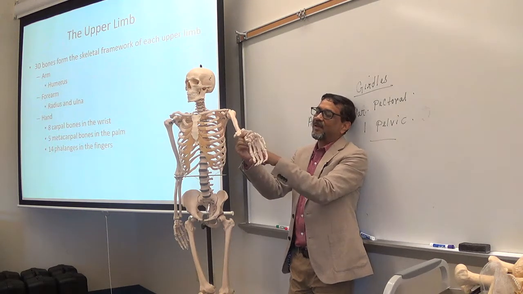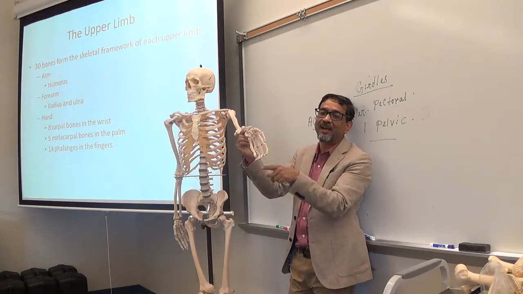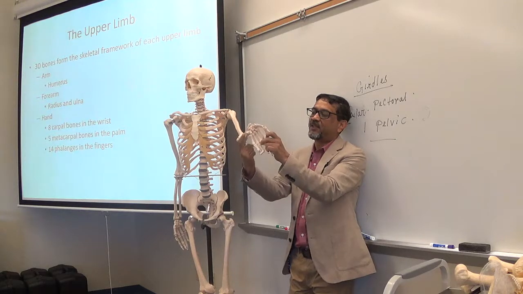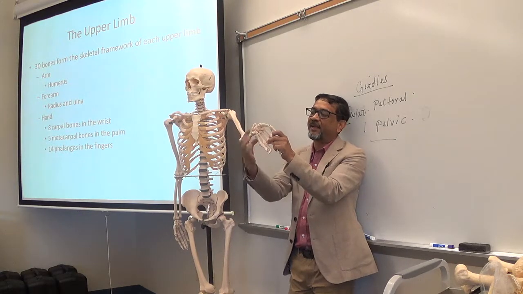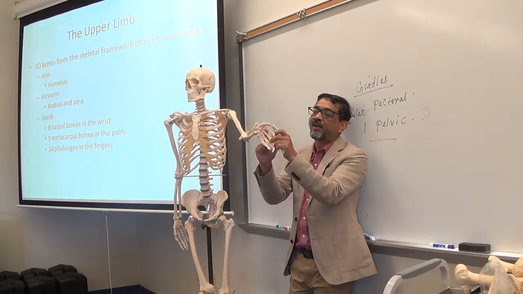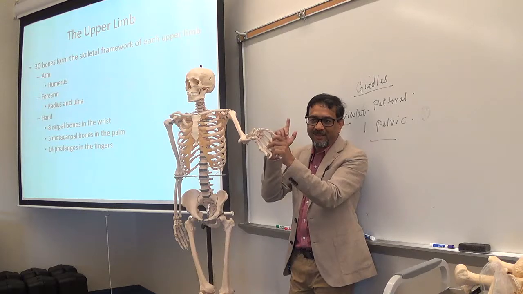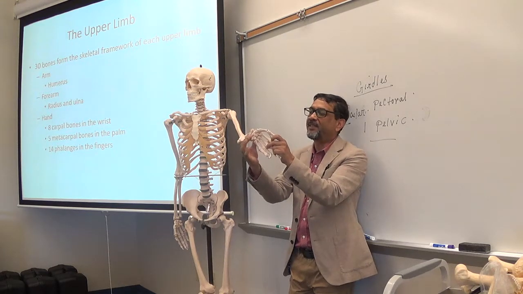Now, the bones of your hand, you have many bones in the hand. These short bones, 8 in number here, in the wrist area, are called carpals. Carpal bones. How many? 8. So, 8 carpals.